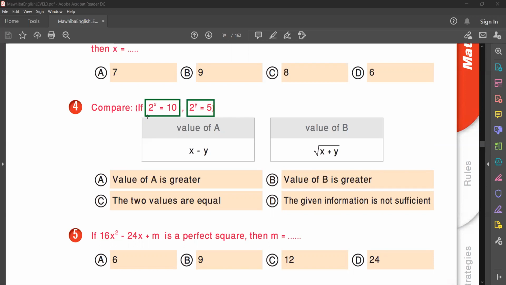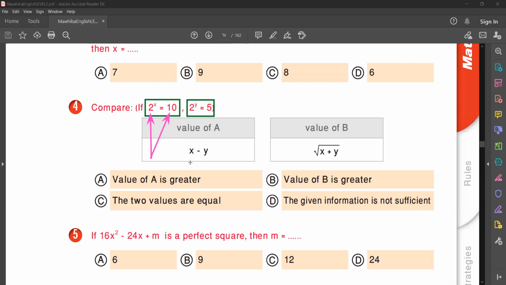Look here. Can you put the bases the same? Here is 2 and here it is 10. Can I write 10 with base 2? I think it is difficult, right?